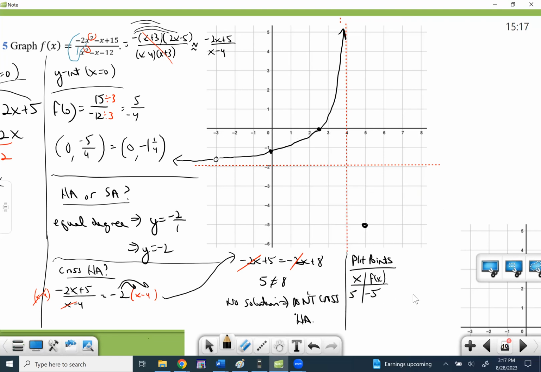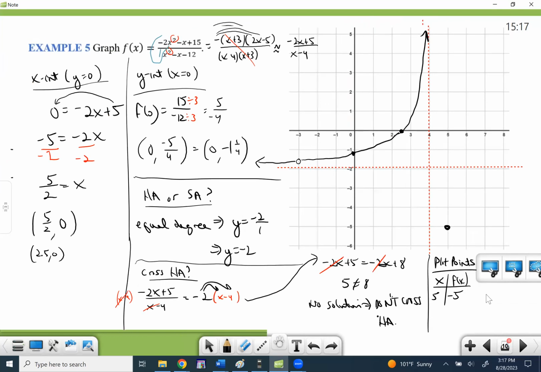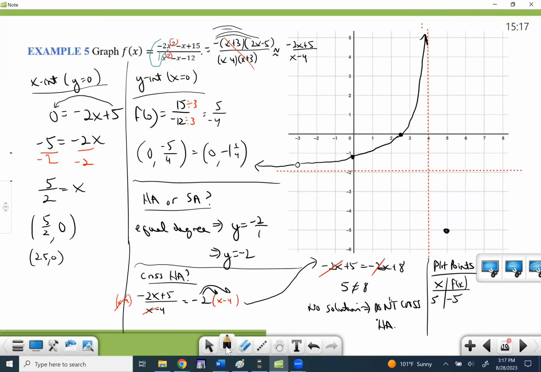I have a good feeling now on how to make this happen. So it looks like, you guys, that we are going to look something like this. We have this hole over here at -3. Let's not forget that.